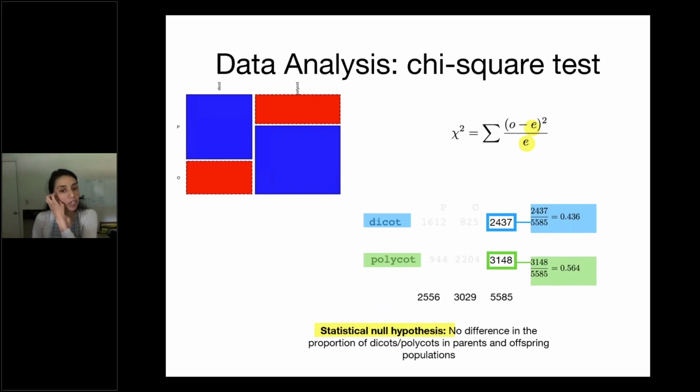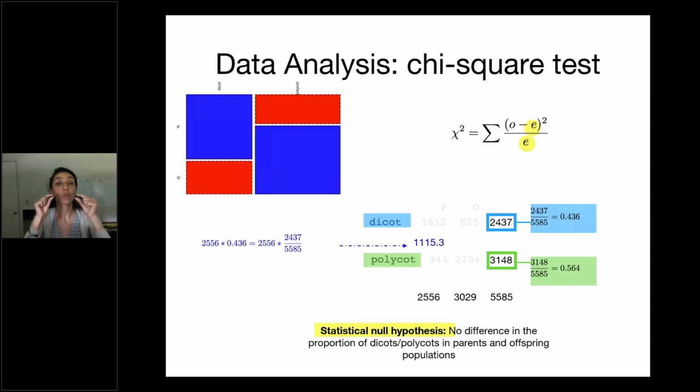So I would go back to, yep, one more, please. Yes. Since I observed 2557 plants in the first generation, I would expect 43% of them to be dicots. So if I multiply 2556 times 0.436, I get 1115.3.